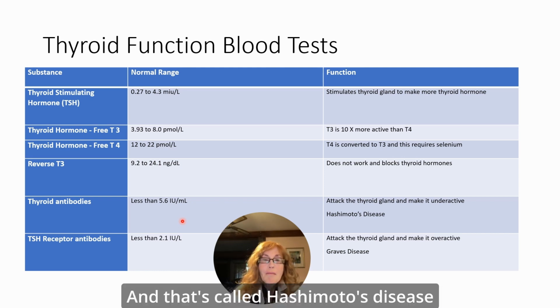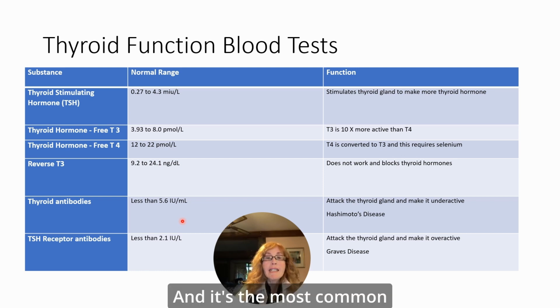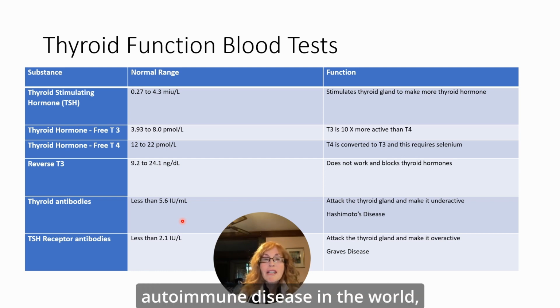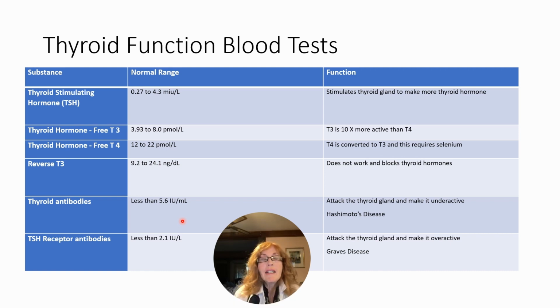And that's called Hashimoto's disease, named after Dr. Hashimoto. And it's the most common autoimmune disease in the world, very, very common. And sometimes people have it for years and they don't know because nobody checks their level of antibodies.